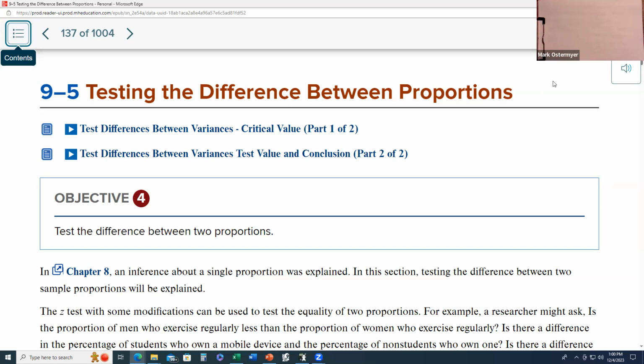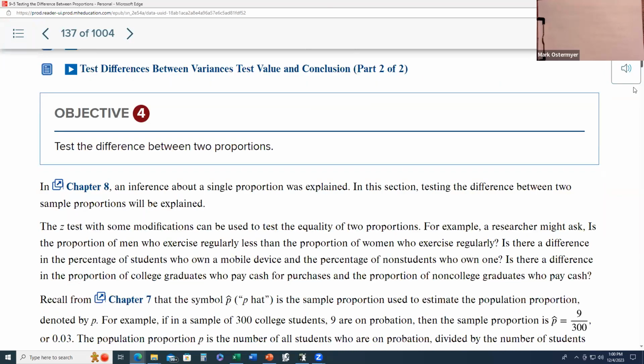We can go down to problem number 7. That'd be a nice one to start with. So let's go down to 7 here.